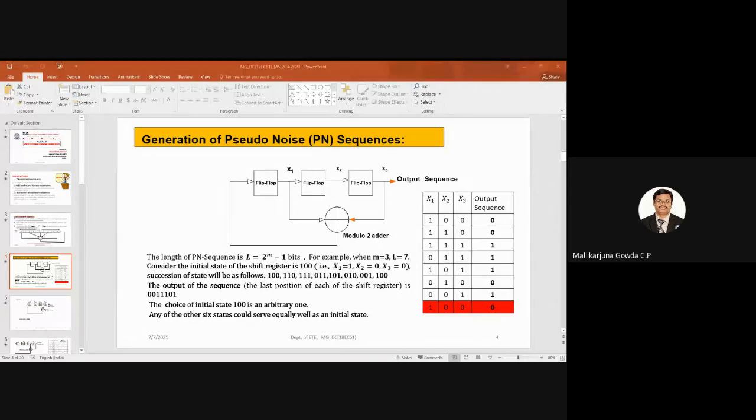If I take the initial state of the flip-flop as 011, what will be the next sequence? 101, sir. 101, right? See, it is very simple to understand.